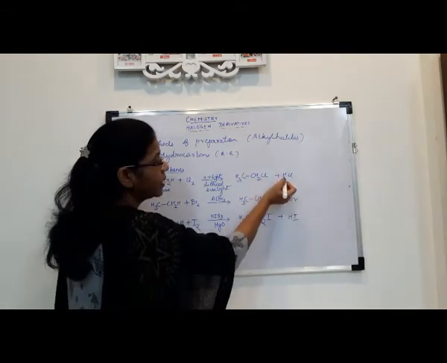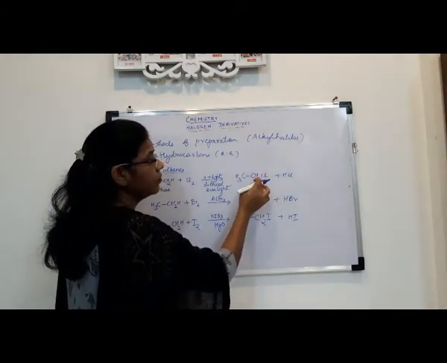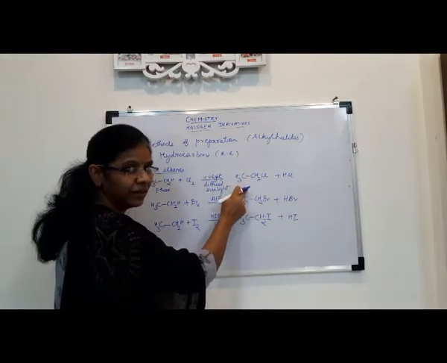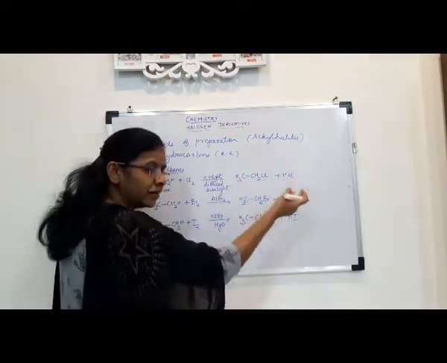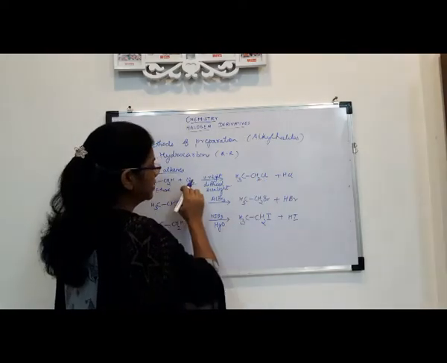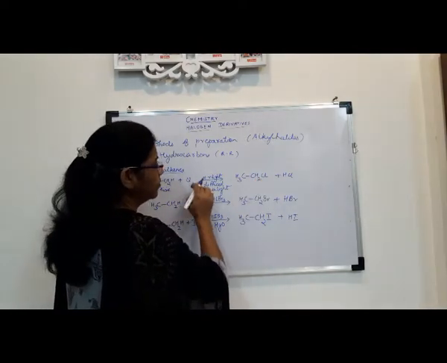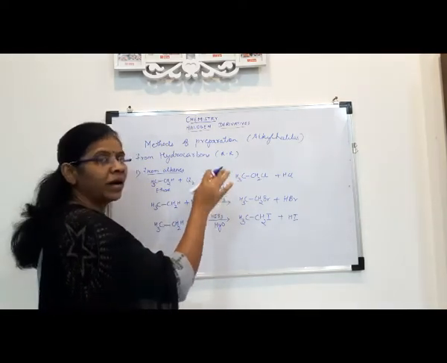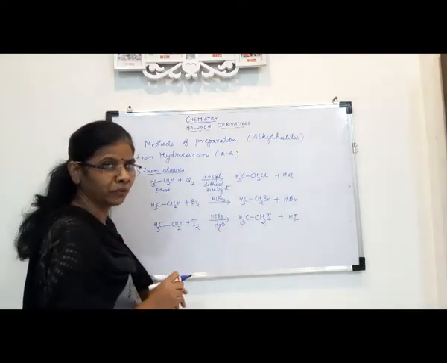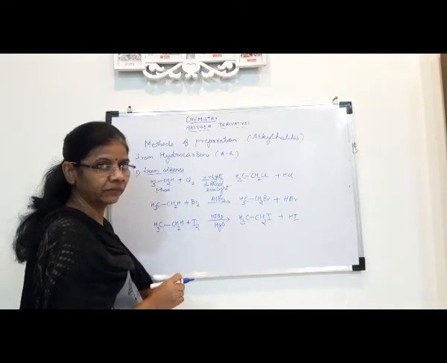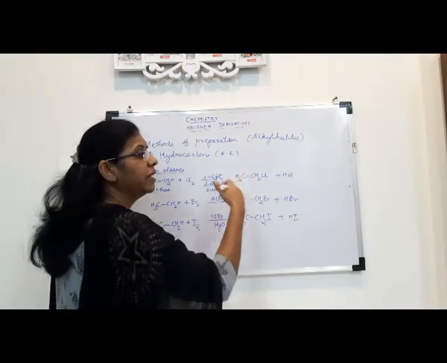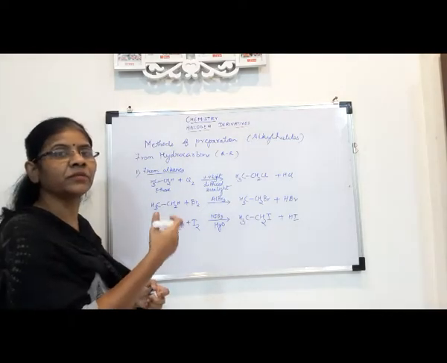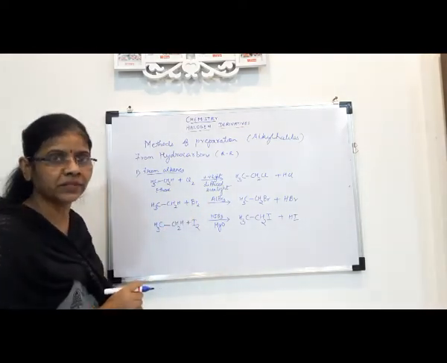In the next step, one more hydrogen of the parent alkyl halide will be replaced by another atom of Cl, and you will get 2 hydrogens replaced by 2 chloro groups. Similarly, the next step would be that 3 hydrogen atoms would be replaced by 3 chloro atoms.